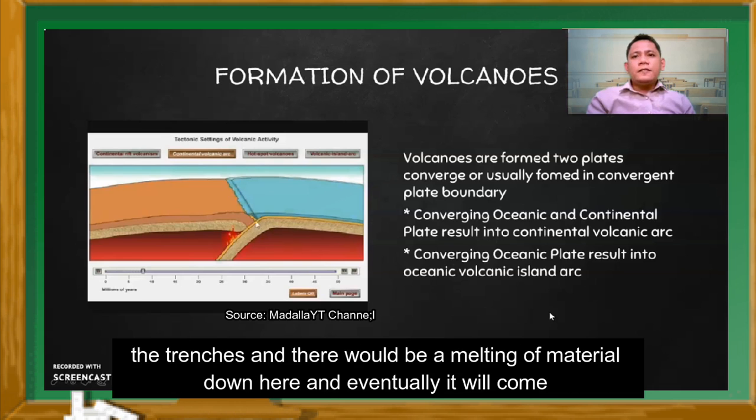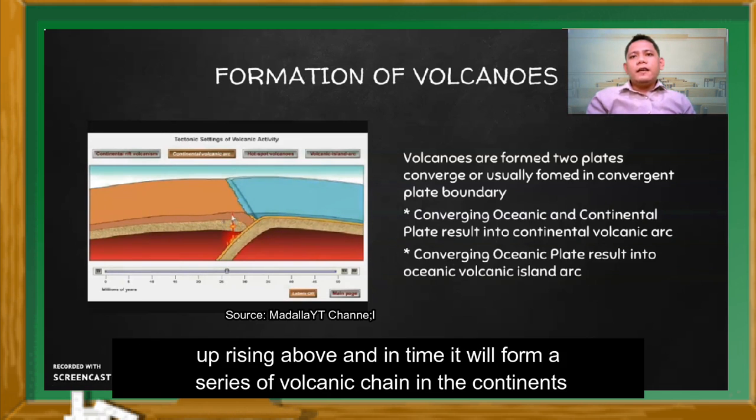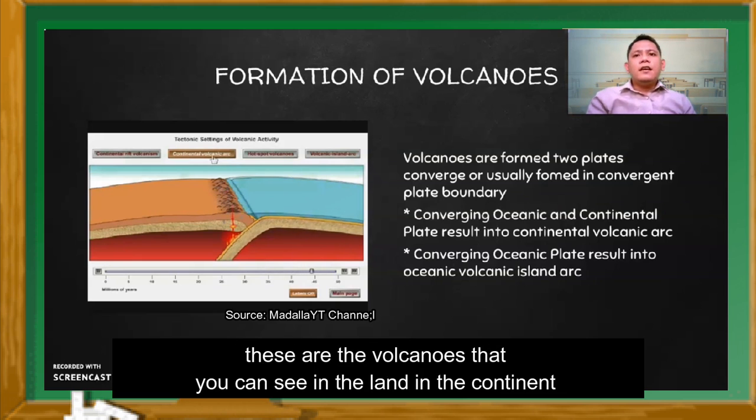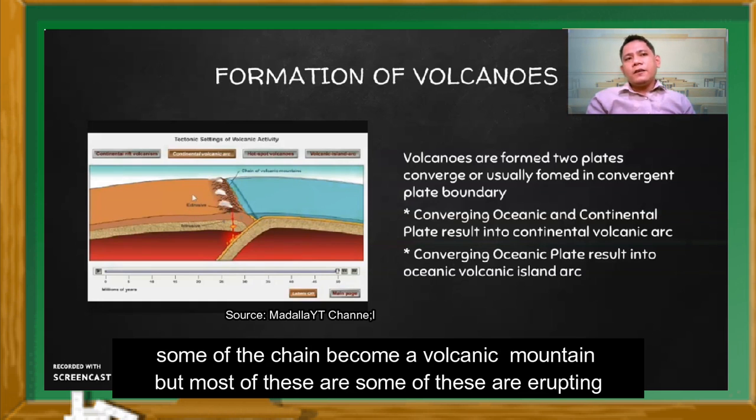This is the trench, and there would be a melting of material down here, and eventually it will rise above, and in time it will form a series of volcanic chains here in the continent. So these are the volcanoes that you can see on the land. Some of the chains become volcanic mountains, but most of these are erupting.